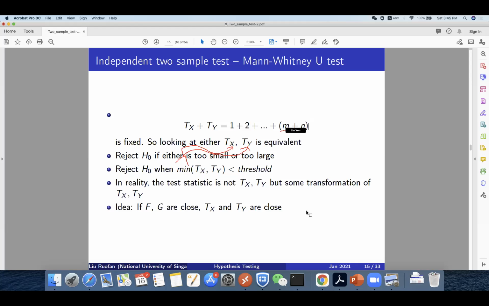There's also M and N there, so in that case the sizes can be different, but cannot be too different, right? But here it is too different according to your second bullet. If it is too different, then the smallest value of Tx, Ty will be very small.